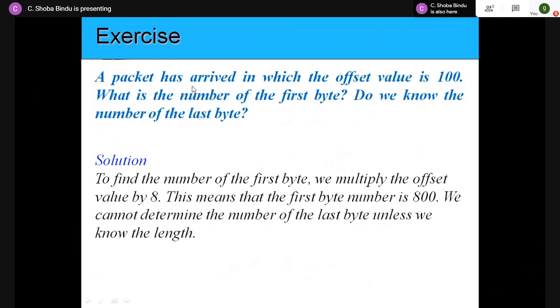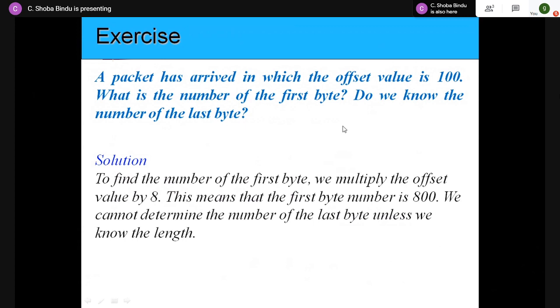Now, a packet has arrived in which the offset value is 100. What is the number of the first byte? Do we know the number of the last byte? So the offset here is 100. The first byte divided by 8 gives us the offset, right? So the byte number will be the offset value into 8.